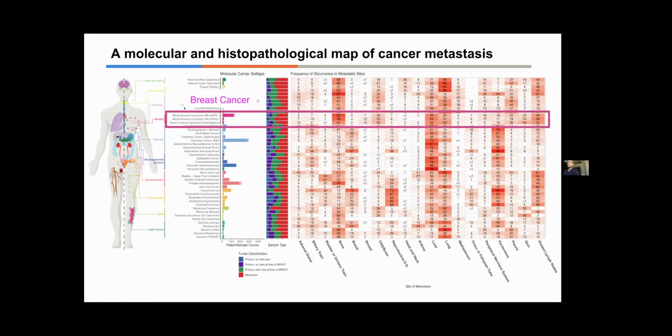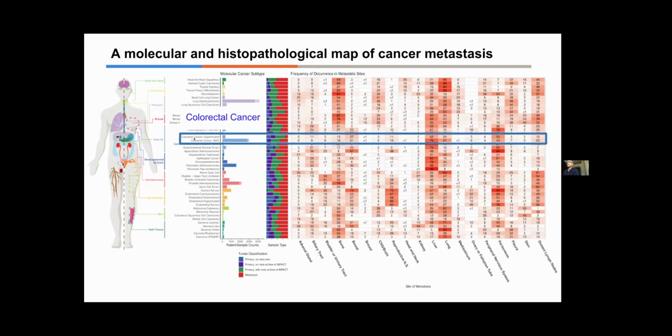And then in breast cancer specifically, we can break it down into three different subcategories here, and within those categories, you can see that the triple negative cases are less prone to have bone metastasis compared to the other molecular subtypes.